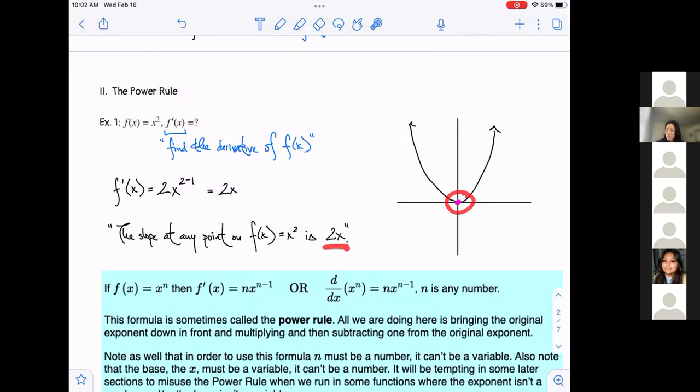So 2 times 0 gives us what? 0, okay. And what is the slope at this pink point here? 0, right? If I were to draw a tangent line, we would get that the slope is 0, okay?